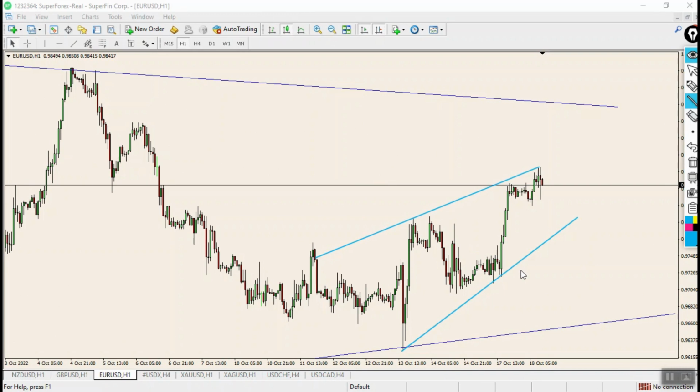Now, I understand it's not perfect, it's not the cleanest, but it's valid to believe that we are going to be experiencing some sort of bearish momentum to the low.